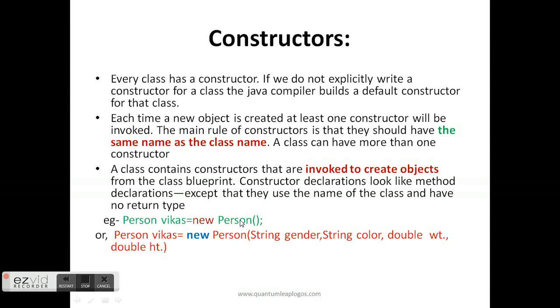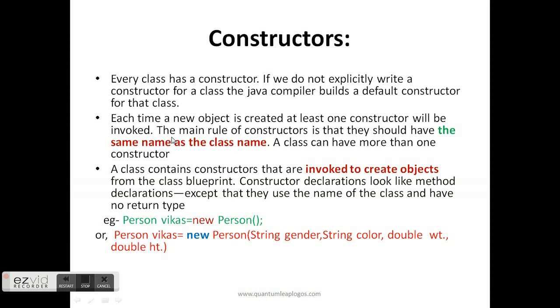So that's why a constructor has the same name as the name of the class, and it is a special method which is invoked to create an object. Each time a new object is created, at least one constructor will be involved. Clear?